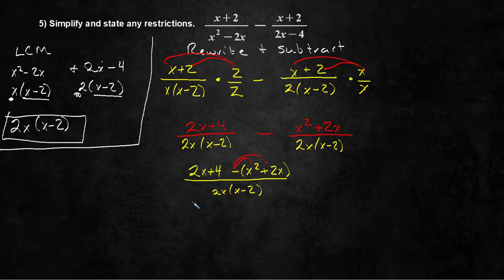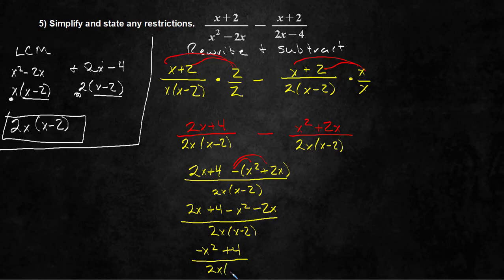And so that gives me 2x plus 4 minus x squared minus 2x, all divided by 2x times x minus 2. And then when I combine like terms, it ends up being negative x squared plus 4 over 2x times x minus 2.